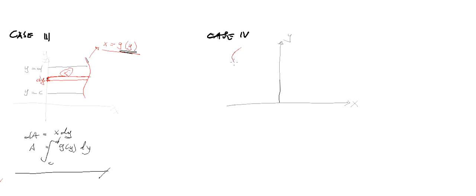Say we have this curve which has the equation of x is equal to g of y, some function of y, and then our lines are from y is equal to c and y is equal to d.